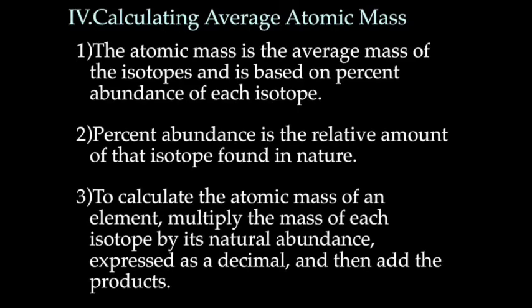So to calculate the atomic mass of an element, multiply the mass of each isotope, which you would find by knowing how many protons and neutrons it had, by its relative natural abundance, expressed as a decimal, and then add the products. All right, that may sound super complicated, but it completely is not.